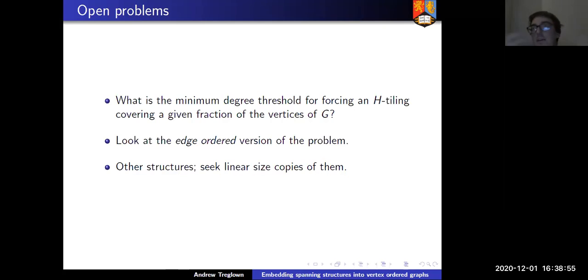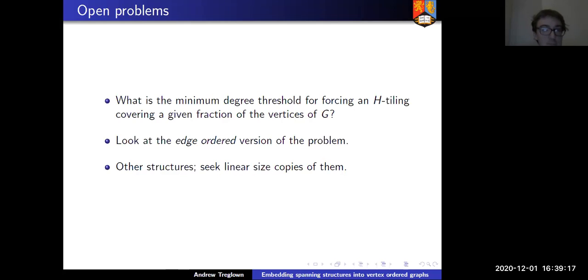For example, what's the minimum degree in an ordered graph that forces a collection of a bounded number, say 2, of ordered cycles that cover every vertex? Maybe you don't cover with a Hamilton cycle, but with 2 ordered cycles.